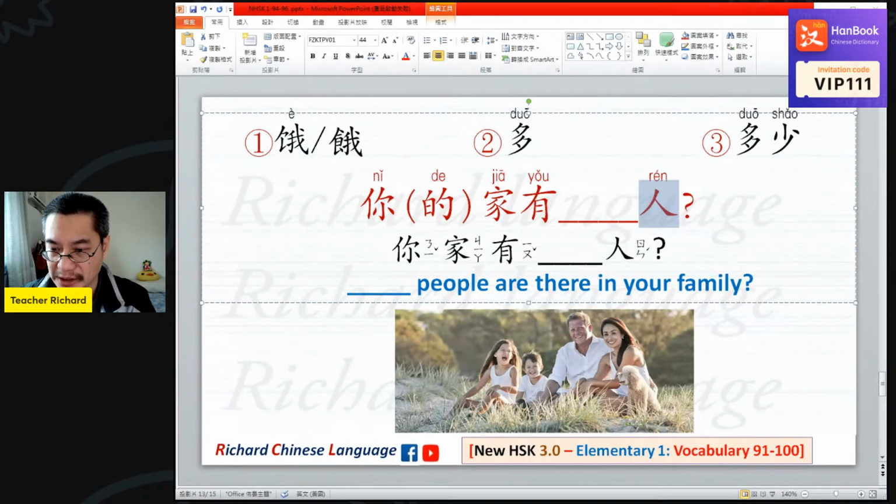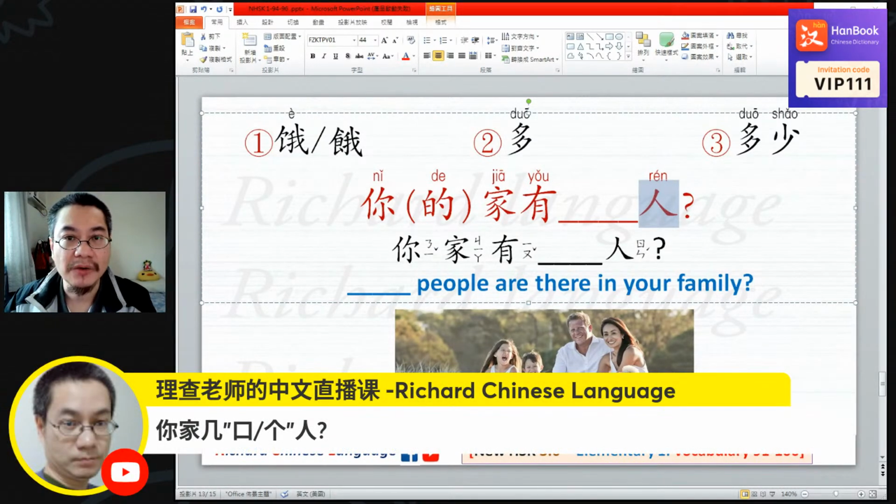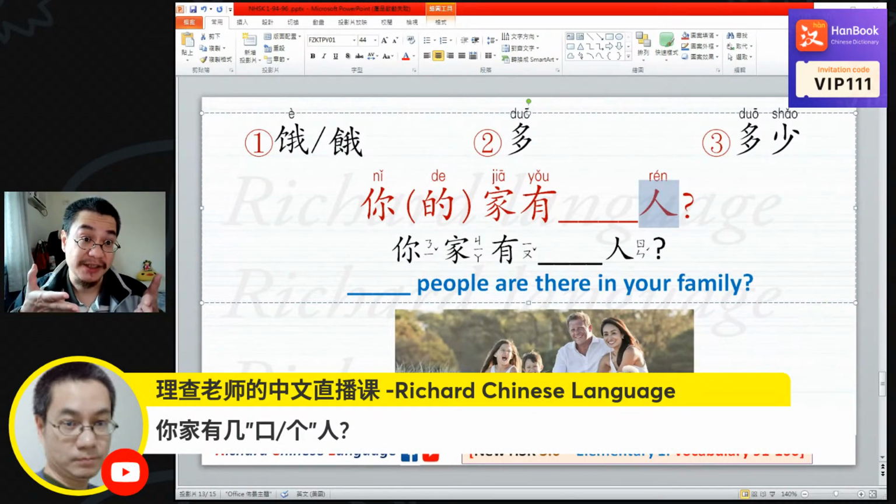Okay, this is the sentence you often see, you often read in your textbook. 你家有几口人?